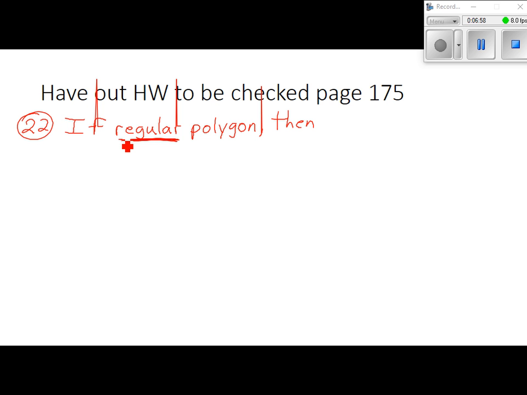All the sides are the same and all the angles are the same. So in a regular polygon, all sides are the same length and all the angles are the same measure. So, if a polygon is regular, then all sides are congruent.